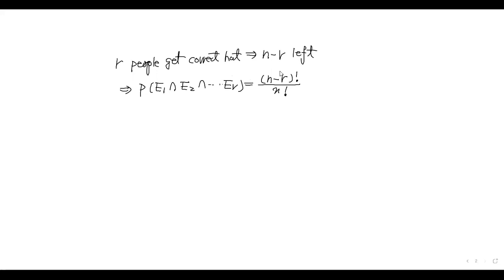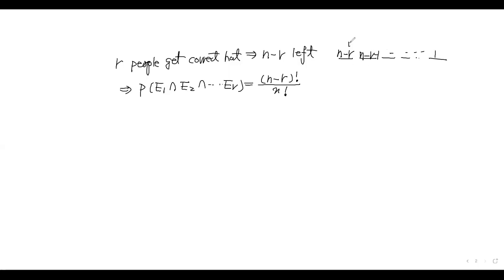Okay, so if you're still confused, that means if R people get a correct hat, I have N minus R people left, right? So for this person, we will have N minus R, so this person can choose anyone. So it's N minus R situations. Then for this one, after choosing one, it is N minus R minus 1, until all the hats are chosen.